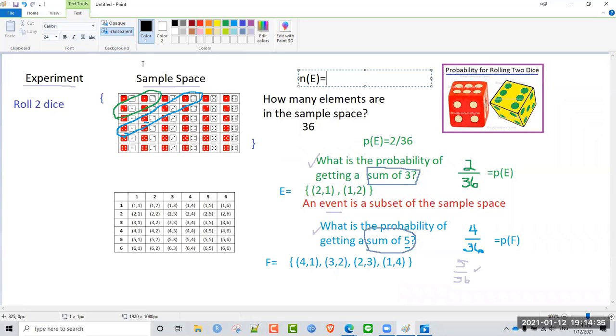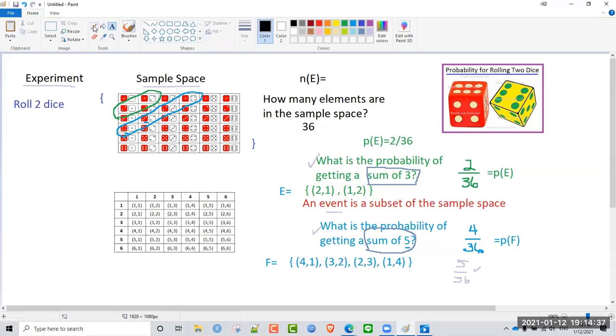Let me go to here. So we have this comma here that separates these two elements. And we have this comma, and this comma, and this comma that separates these 4 elements. Okay? So how many elements are in F? 4.